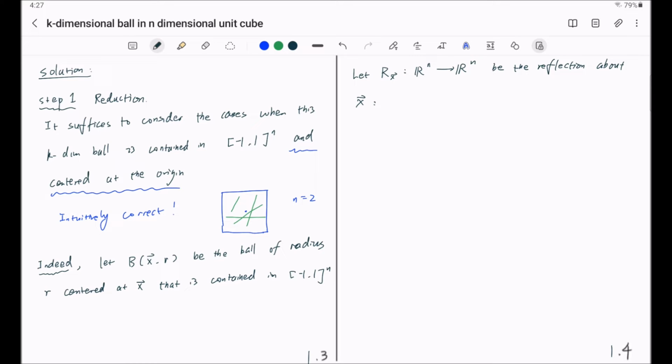Using mathematical notations, what I mean is that this map sends a vector y to 2x minus y. It sends a vector to the other side of the point x. This is a reflection because if you add y and the vector 2x minus y and divide the sum by 2, you get back x. So x is the midpoint of those 2 points.